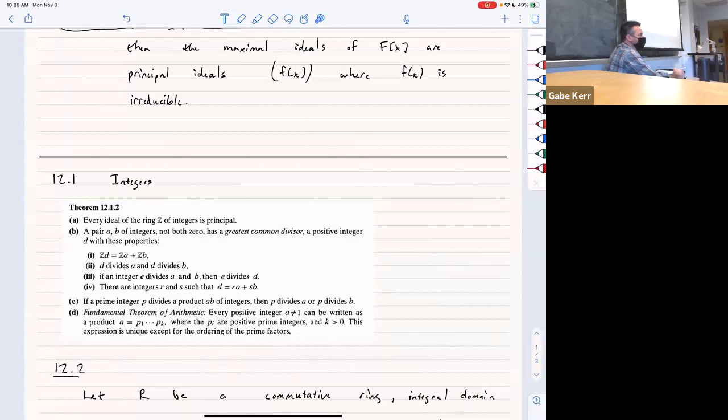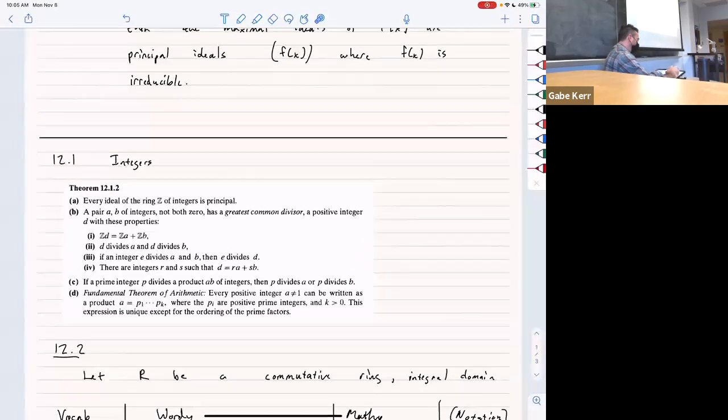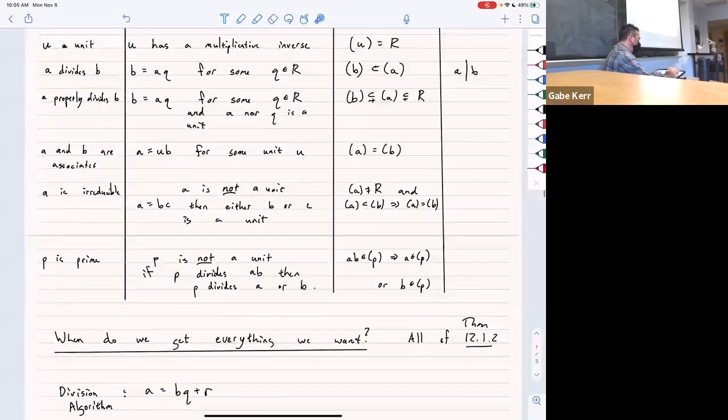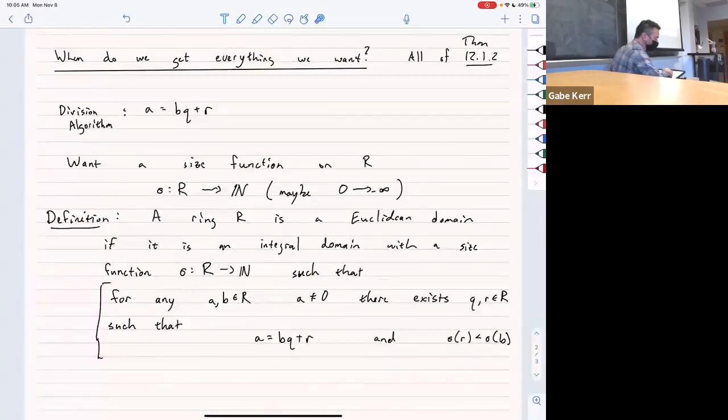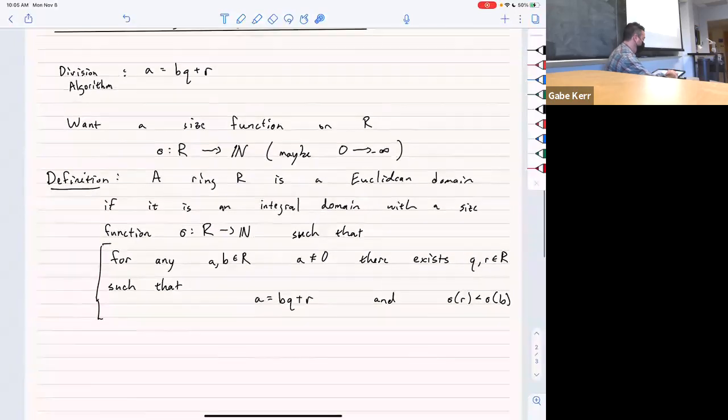But now you have a size function. You can say, okay, take something with that size and use the division algorithm to say that there can't be anything smaller, and that everything is divisible by this guy. It's the same basic idea. Similarly, these things are also the same. So we do get everything we want if we have a Euclidean domain.